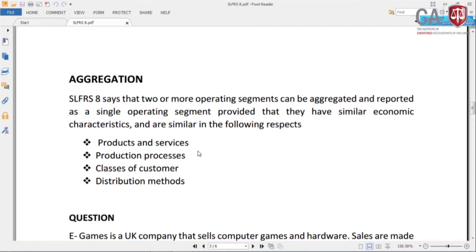Sometimes business activities which look alike may be segregated based on the distribution methods, or sometimes two distinct business activities can be combined depending on the distribution methods.